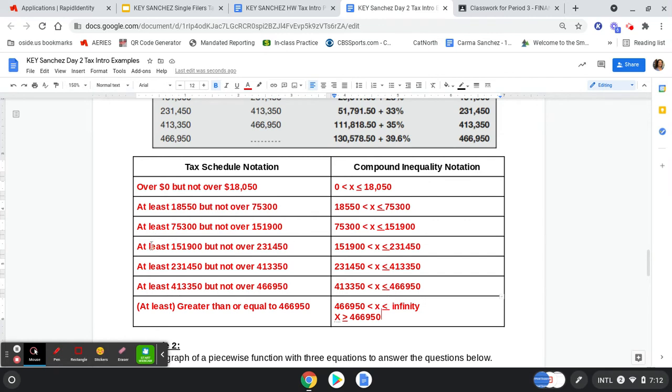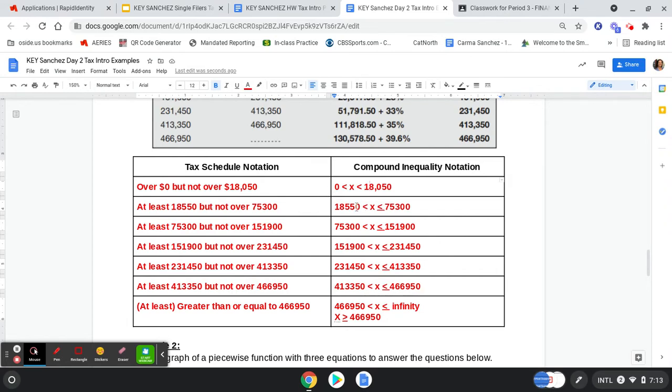So we can see that it's between this and this, between this and this, between this and this. And I just realized at least 1850. Okay, all of these little greater than or equal to bars are on the wrong side. So this one right here should not have an equal to bar because it's in between 0 and 1850, but not equal to 0 and not equal to the 1850.